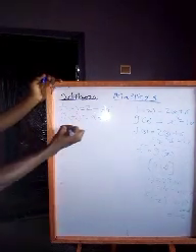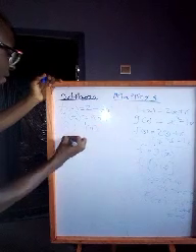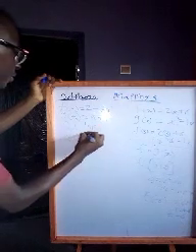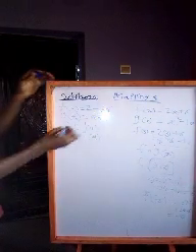Then we find the inverse function of f and the inverse function of g, that is, find the g inverse of a and the f inverse of a.